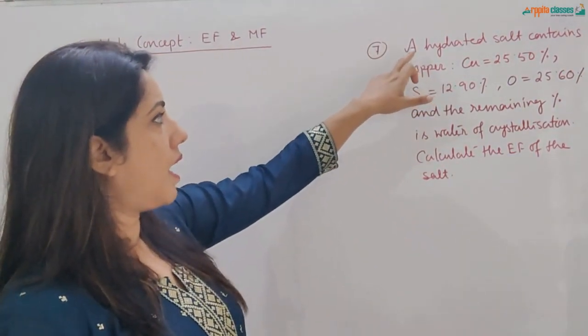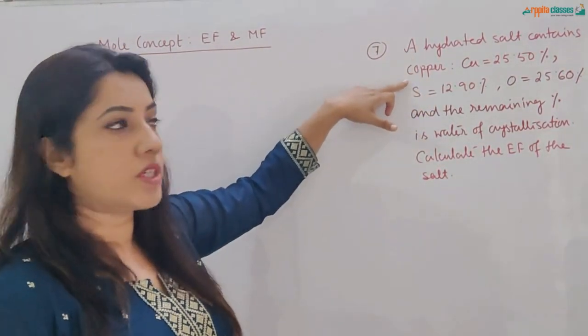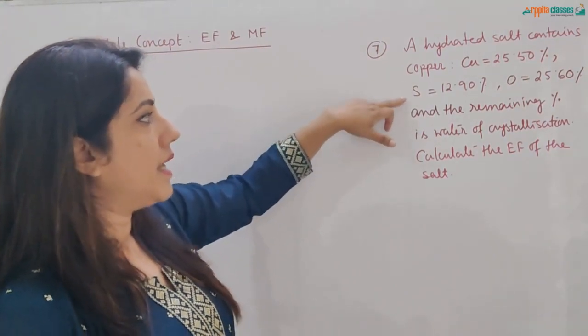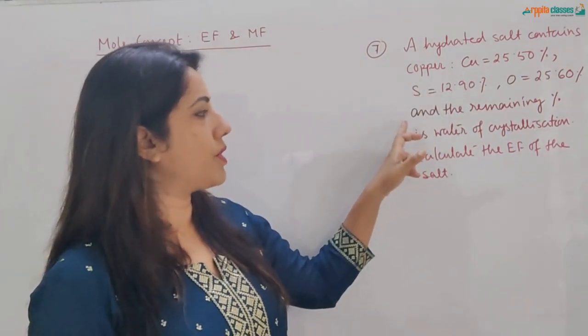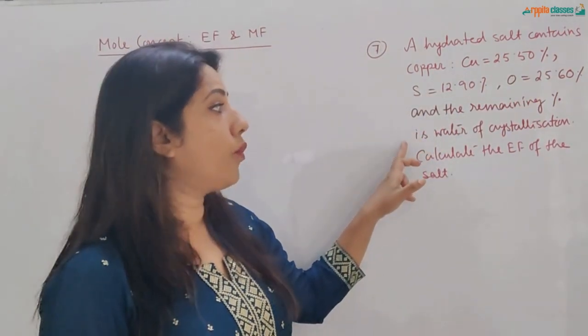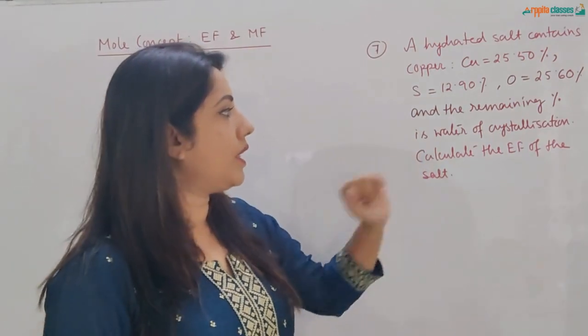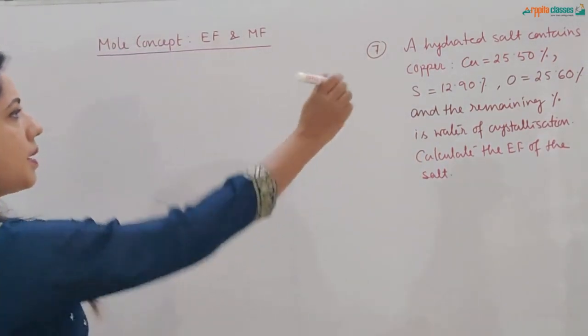Let us proceed towards the next sum. Question number 7 is, a hydrated salt contains copper, which is 25.50%, sulfur, which is 12.90%, oxygen 25.60%, and the remaining percentage is water of crystallization. Calculate the EF of the salt. So let us complete the table.